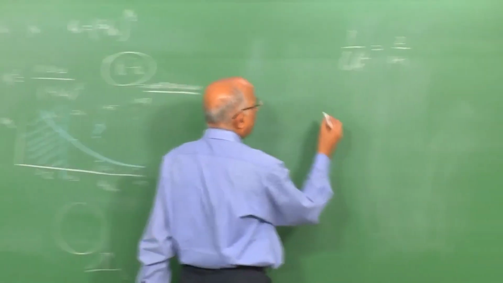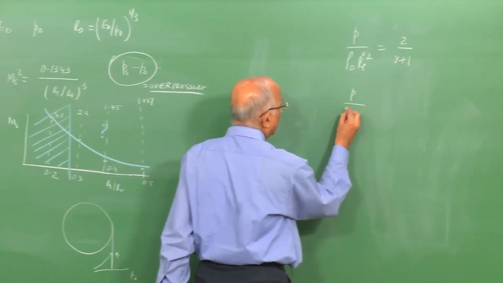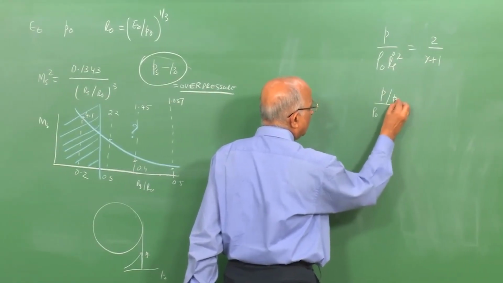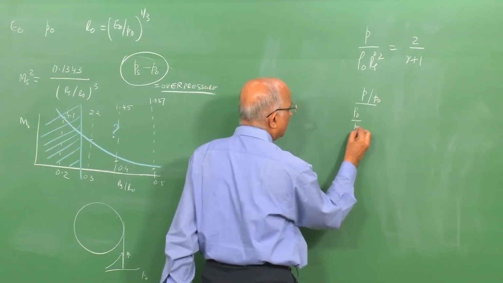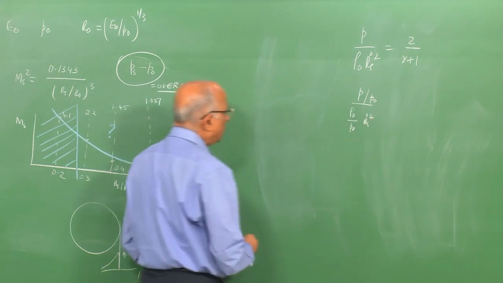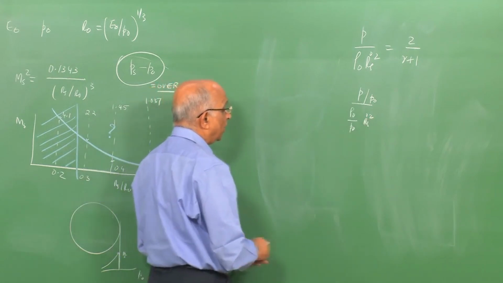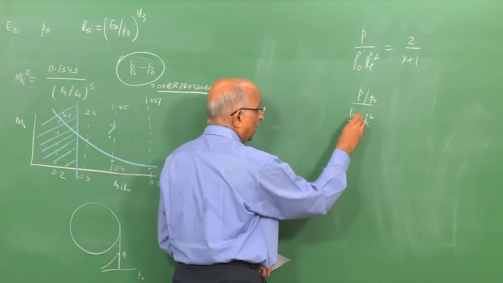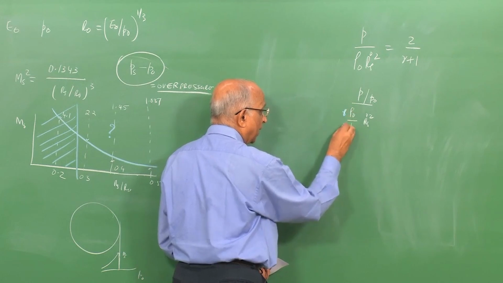Well, I can simplify this by dividing the numerator and denominator by P 0. You have Rs dot square. Let me also divide the numerator and denominator by gamma again.